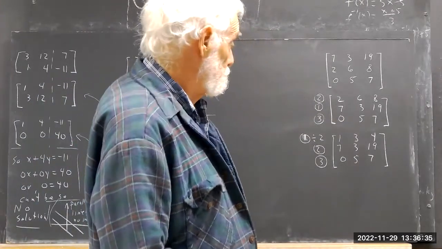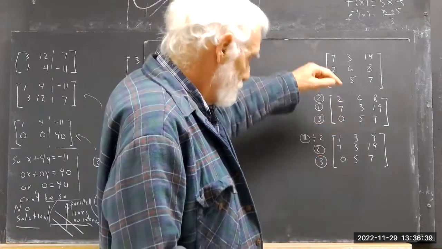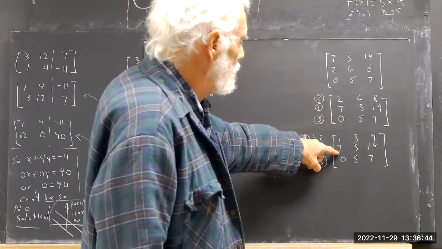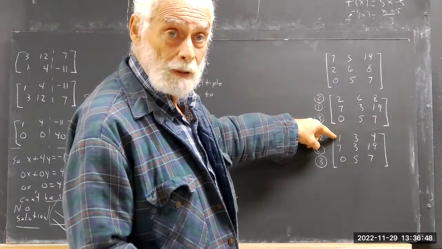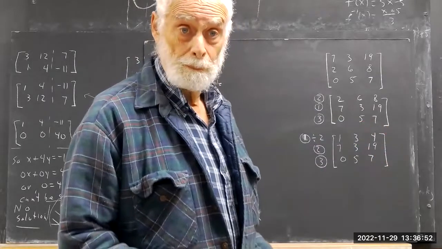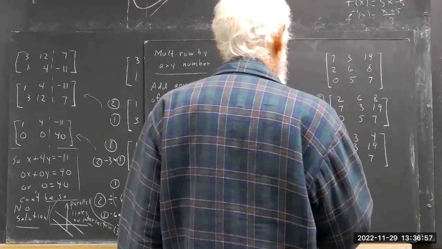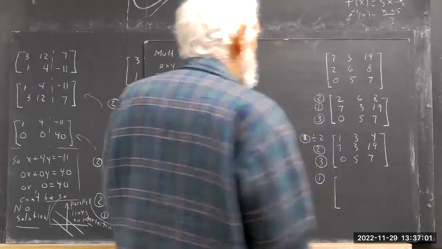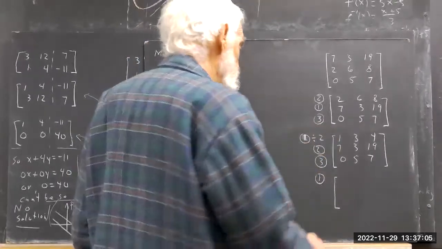Next, I can do this minus 7 times this, which is going to give me 0. So I do all of row 2 minus 7 times all of row 1. Not going to mess with my old row 1 because I've got the 1 right where I want it.